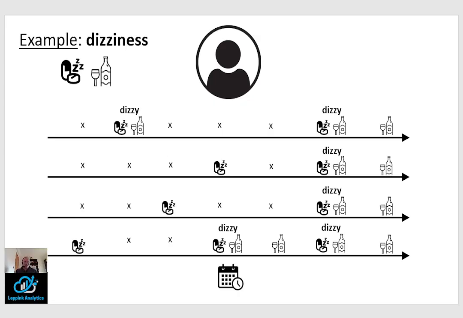Of course, it is difficult to establish any kind of causal relationship between sleeping pill and or alcohol on the one hand and dizziness on the other hand, because this is a so-called observational single case design.